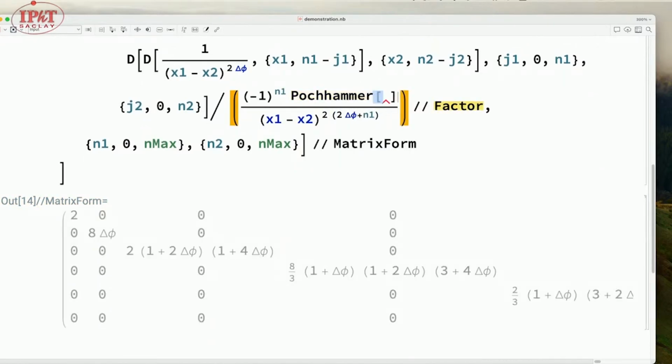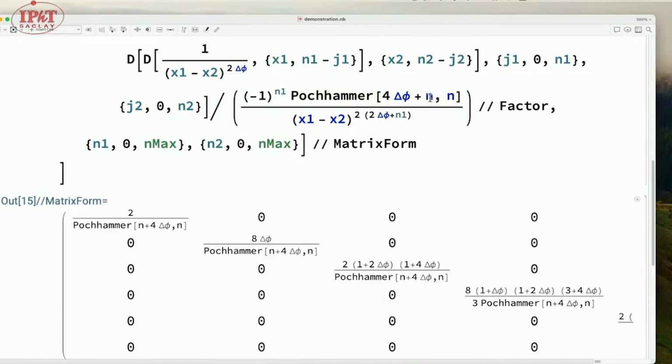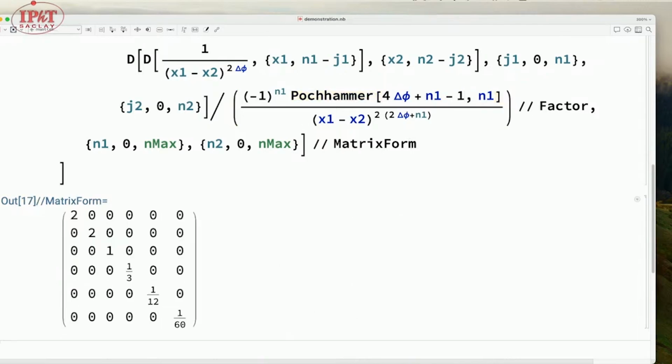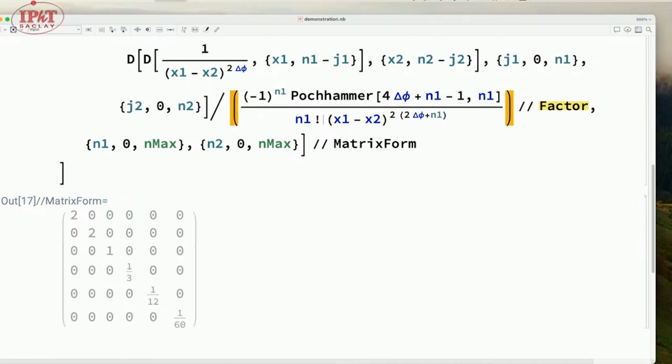So yeah, I partially remember this answer, so it's not like I'm doing any black magic. So there's 4 delta phi, which increases. Okay, so I think it kind of increases like that. And then this is probably just some factorial.